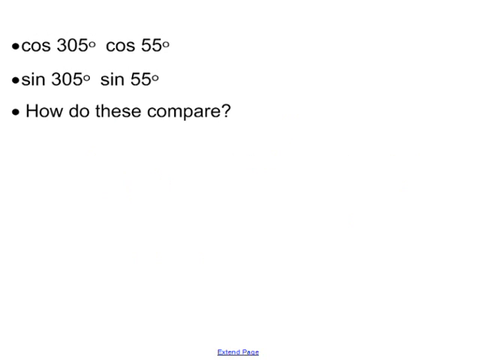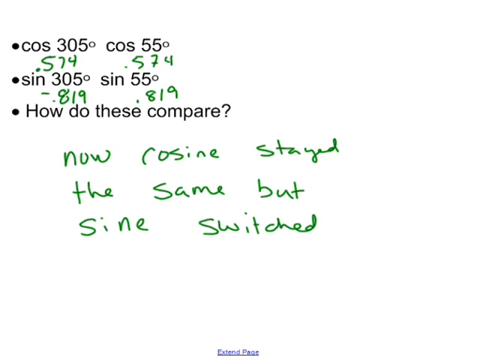So now let's figure out what cosine of 305 and sine of 305 are. Cosine is 0.574, and notice that cosine of 305 and cosine of 55 is the exact same decimal, but sine switched.